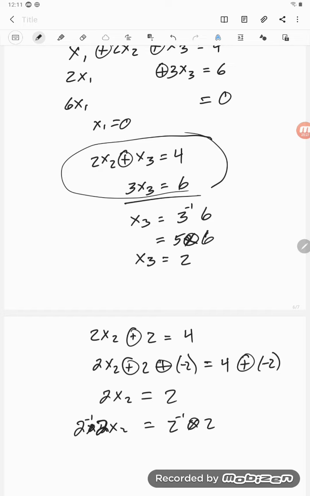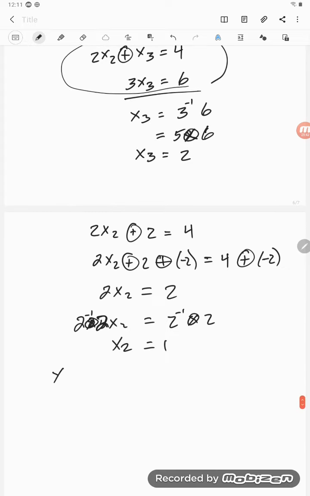Now 2 inverse times 2 is 1, so we get that x2 equals 1. And so our solution was that x1 was equal to 0, x2 was equal to 1, and x3 was equal to 2.